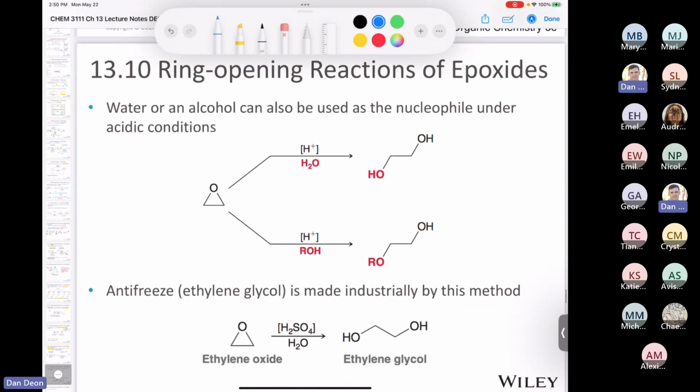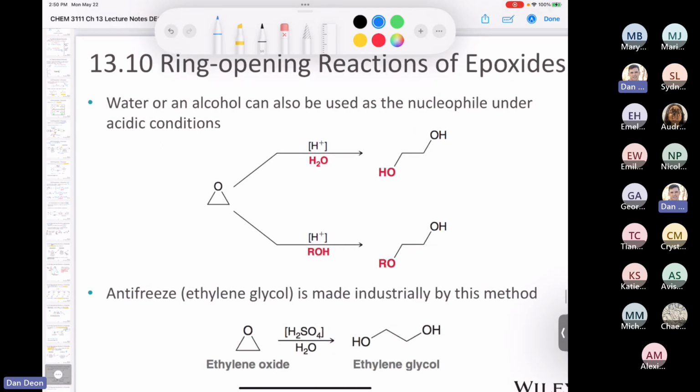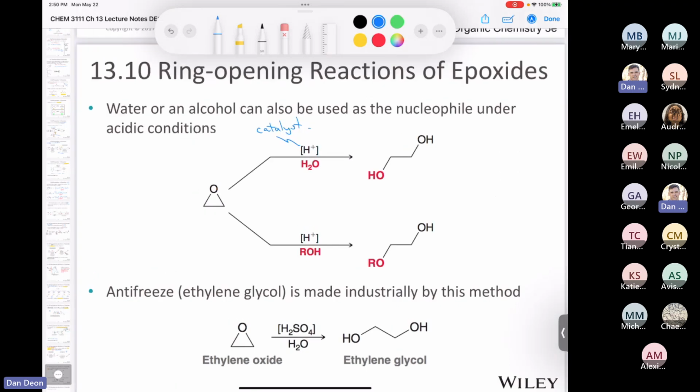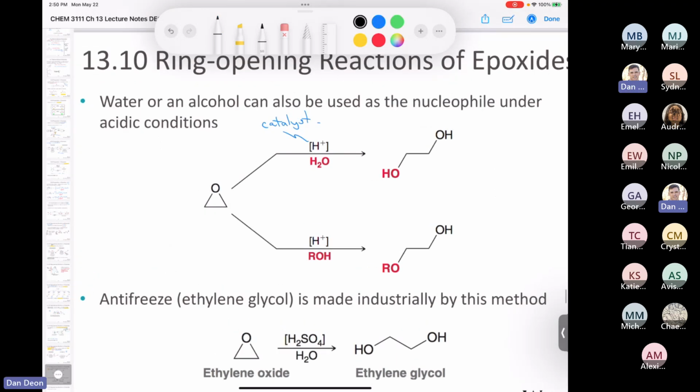So look, if we have the acid catalyzed, remember that when you have square brackets, that means a catalyst. So if you have a catalytic amount of H+, so a proton, so just a catalytic amount of acid, and water or an alcohol, the first step is that you're going to protonate.